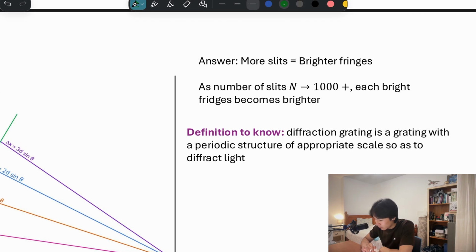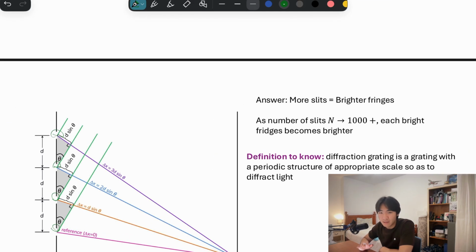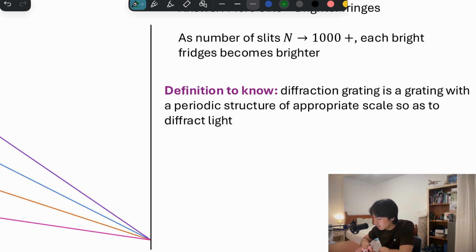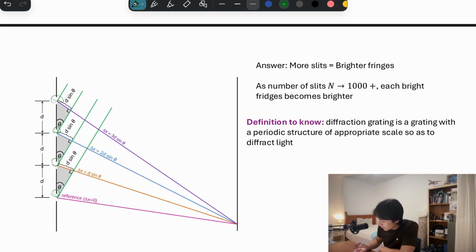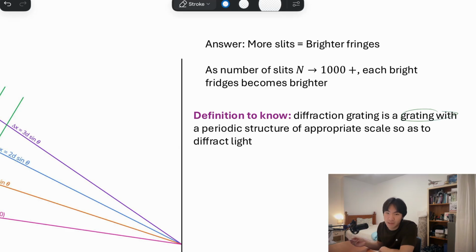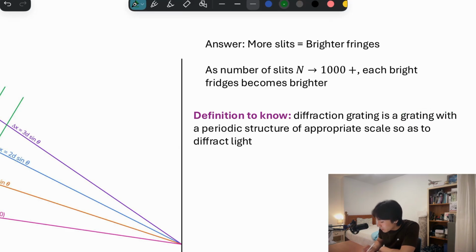So this is a slightly important definition to know. If you're asked what a diffraction grating is: a grating with a periodic structure of appropriate scale so as to diffract light. The definition might sound circular because we're using grating and grating here, but you know that a grating, like a cheese grater, for example, has a periodic structure, meaning that it has a consistent structure.